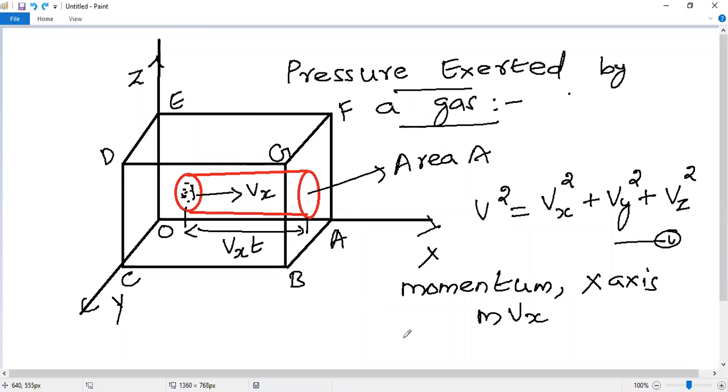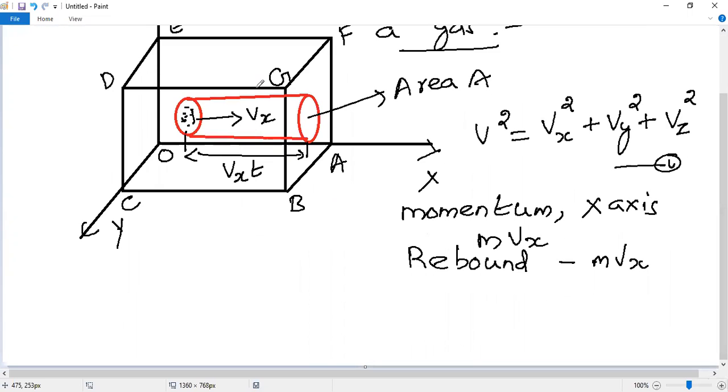After the rebounding, the momentum is minus m vx. Now I am writing the change in momentum along the x-axis.